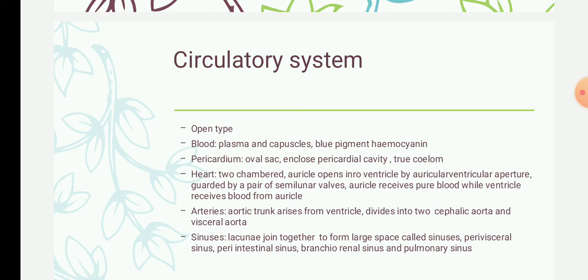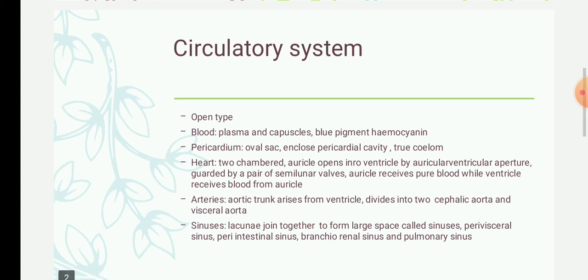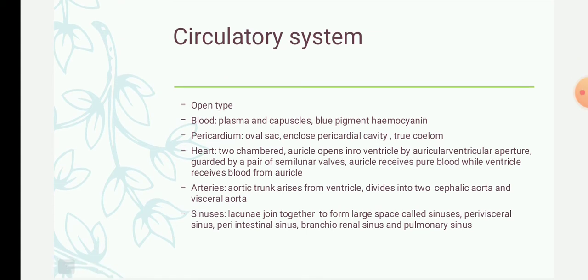The cephalic aorta is dilated near its base. It bifurcates at the base of the aortic trunk, and it forms a sac called the aortic ampulla. This aortic ampulla contracts rhythmically to help the flow of blood in the cephalic aorta.